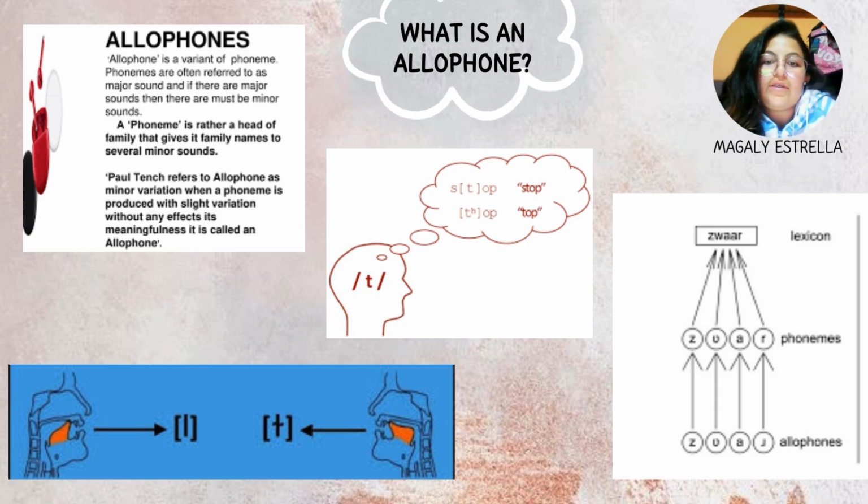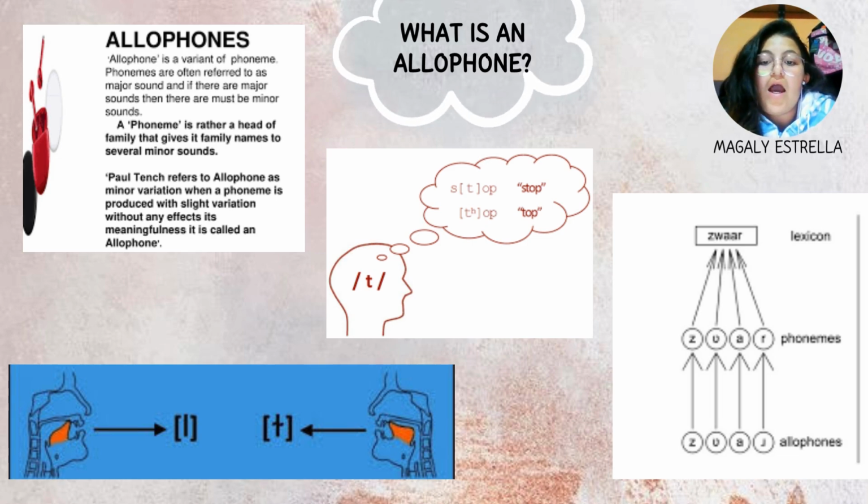An allophone is a variant of a phoneme that occurs in a specific phonetic context but does not change the meaning of a word. While phonemes are abstract units of sound that can distinguish words, allophones are the actual spoken realizations of those phonemes.